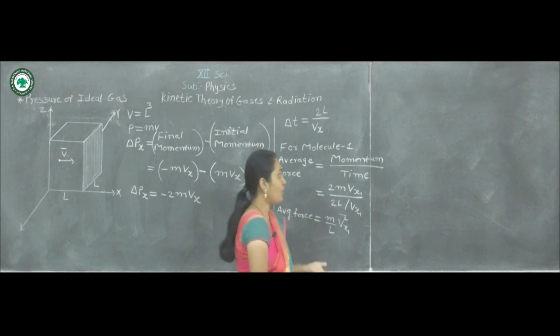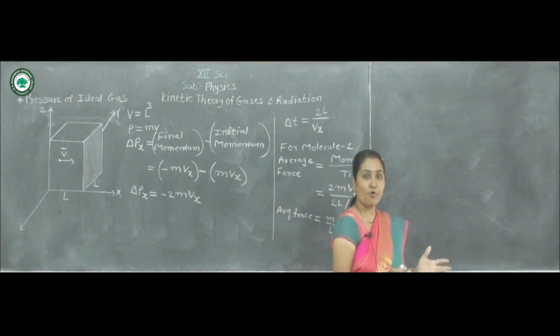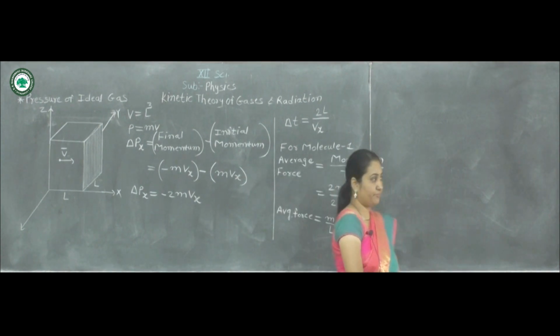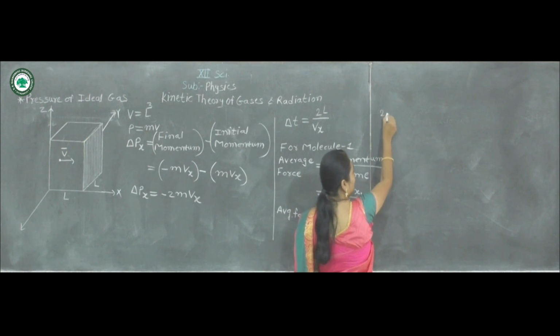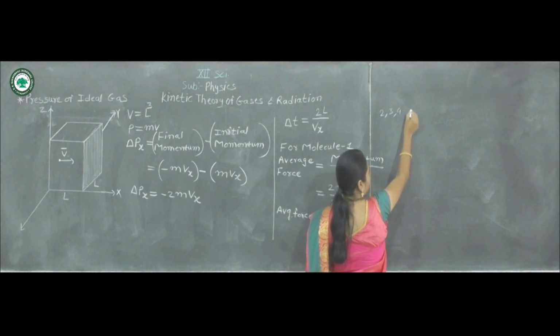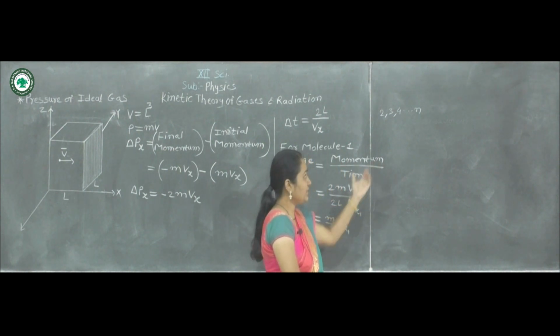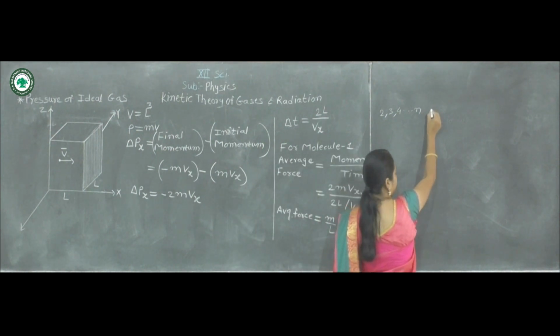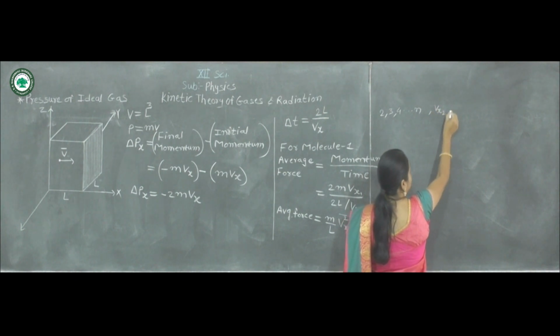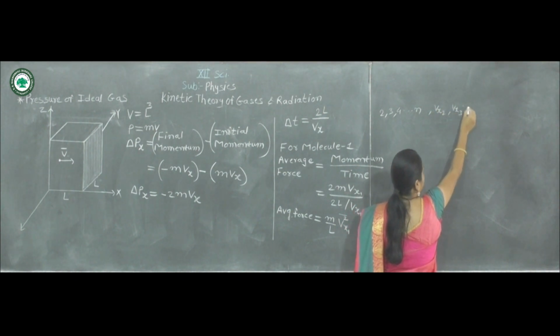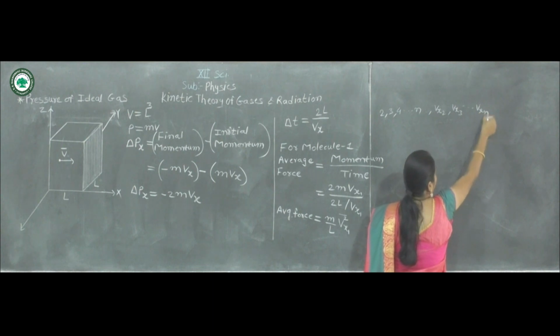If there are molecules 2, 3, 4, and so on up to n, then the velocities of these molecules are Vx2, Vx3, so on, Vxn.